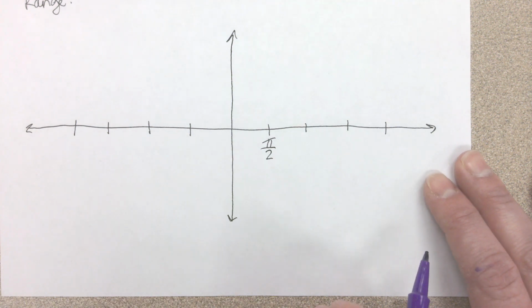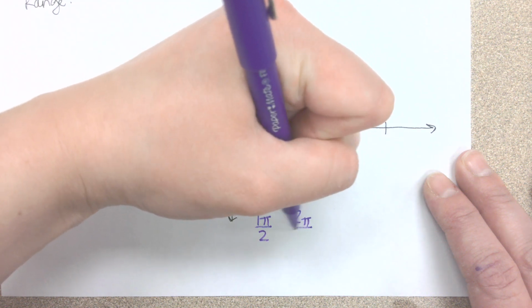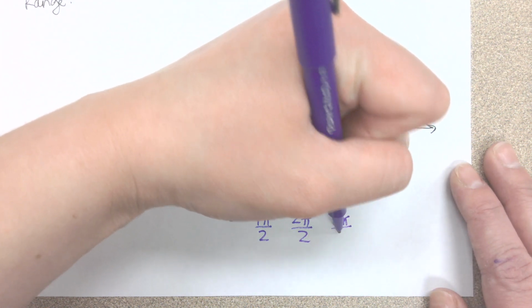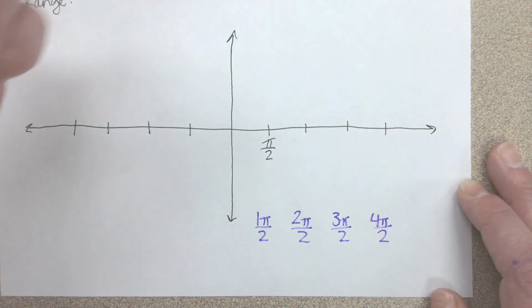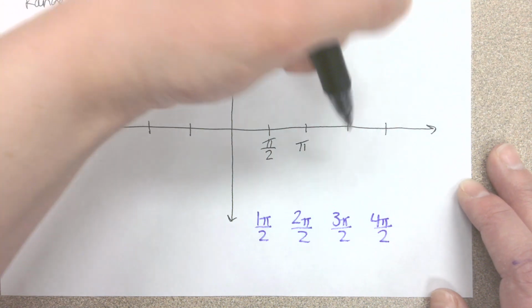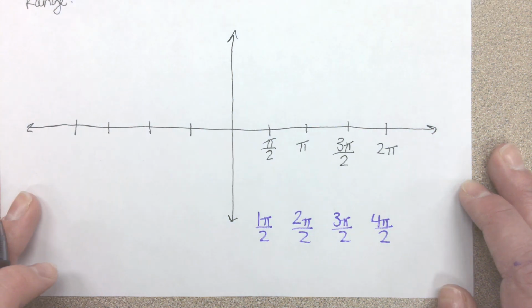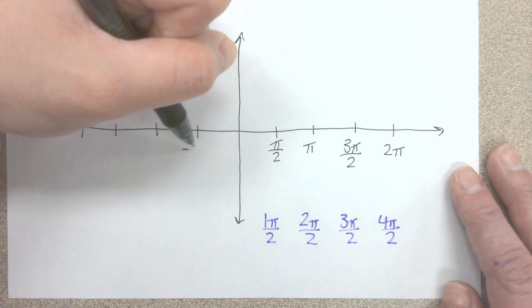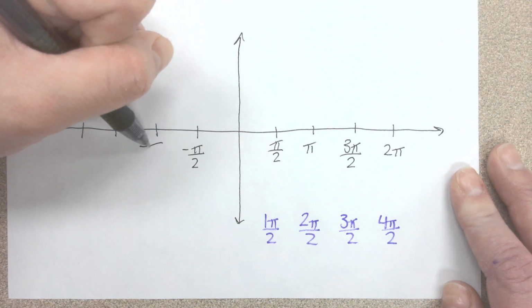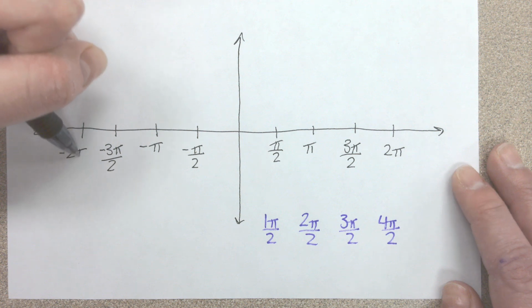From here, I'm going to write out the unreduced fractions at the bottom. We have 1 pi over 2, 2 pi over 2, 3 pi over 2, and 4 pi over 2. Reducing, we have pi over 2, pi, 3 pi over 2, 2 pi. And then the negatives on the left, negative pi over 2, negative pi, negative 3 pi over 2, negative 2 pi.